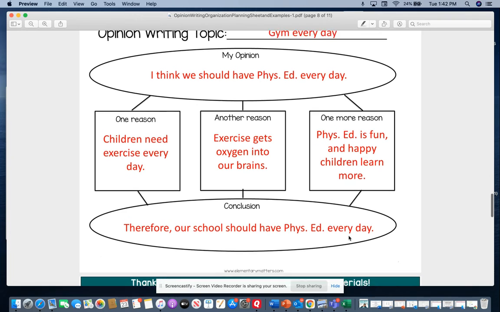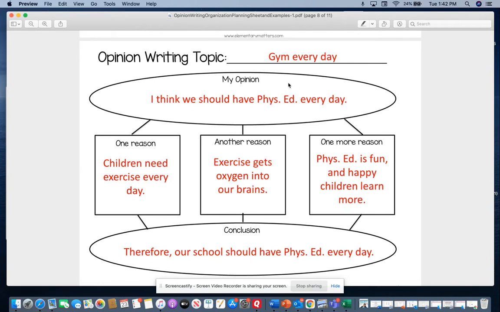Here's one somebody saying that why we should have PE every day. I think we should have PE every day. Their first reason is children need exercise every day. Exercise gets oxygen into our brains, and PE is fun and happy. Children learn more.